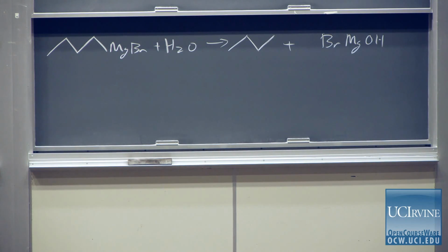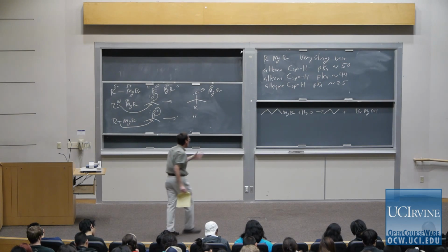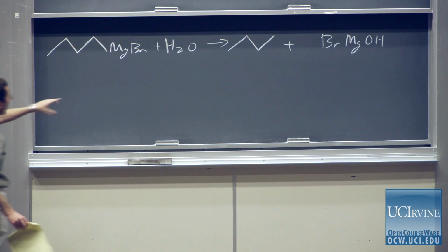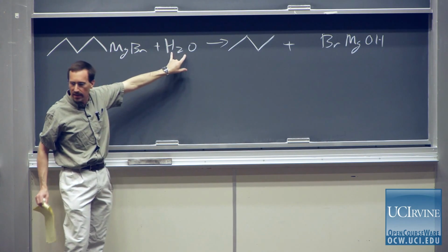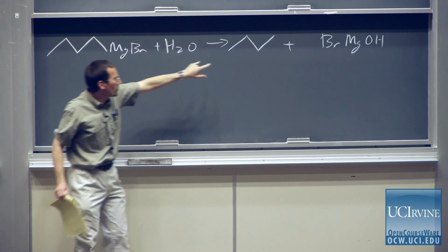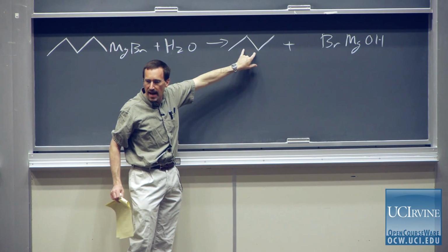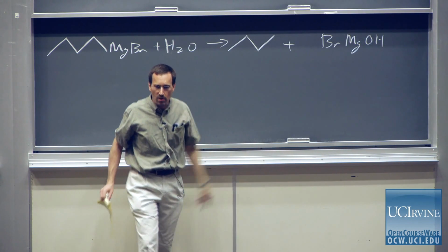So this is a Bronsted acid, Bronsted base reaction, if you think about it. We have water acting as an acid on the left side of the equation. We have our alkane as an acid on the right side of the equation.